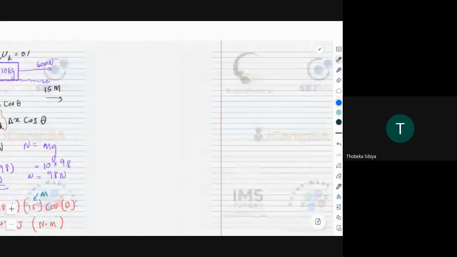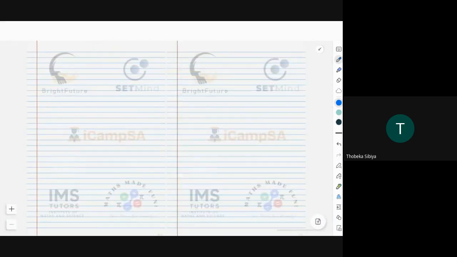But then it can happen sometimes that they give you an incline instead. So then you have an incline like this. And then you have your theta here, which equals 30 degrees.